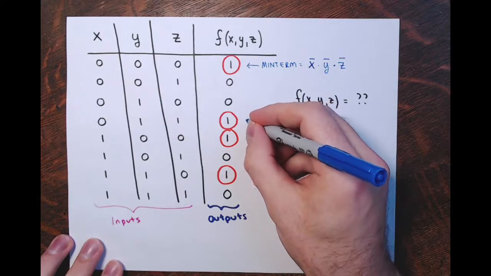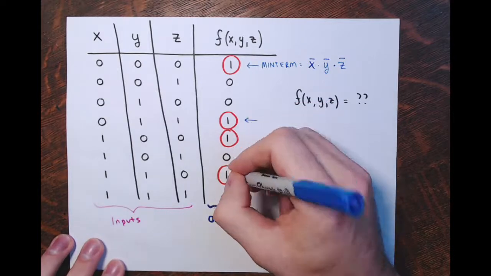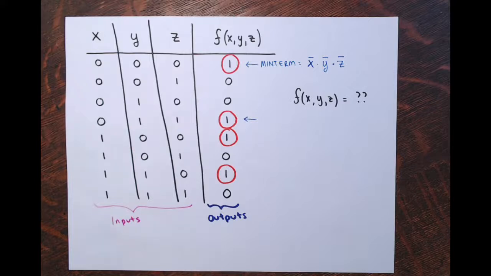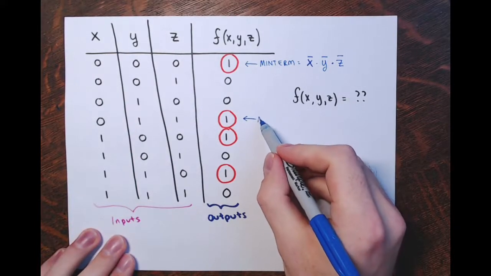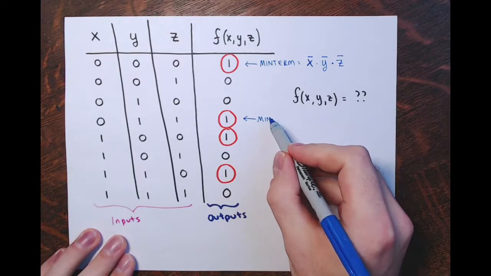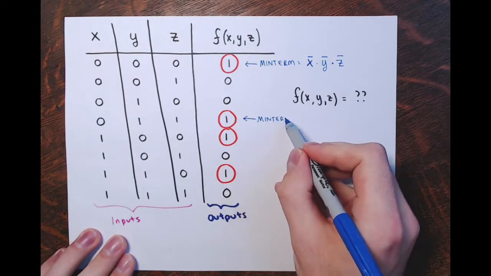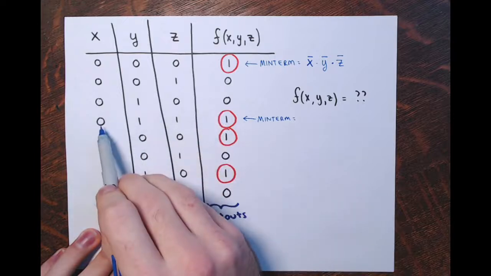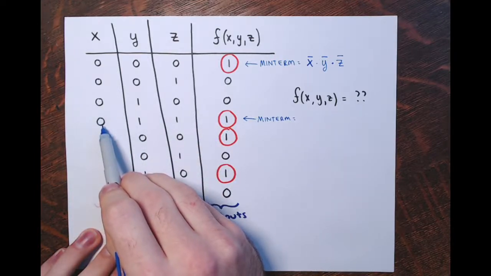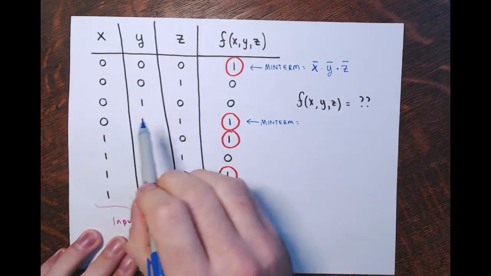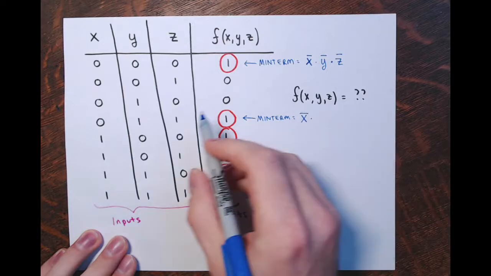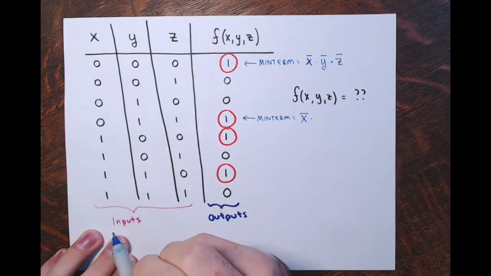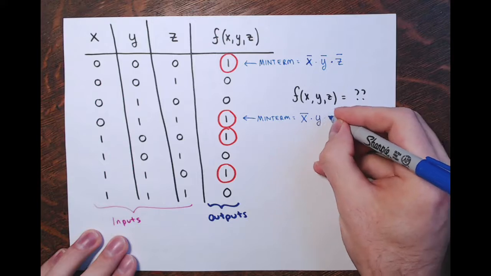I do the same for each of the scenarios where the value of this function is 1. The min term for this fourth row: the value of x is 0, and I want it to be a 1, because I want a product equal to 1. So I take the opposite, x bar, times, and then y and z are both 1 already in that row, so I keep y, keep z.